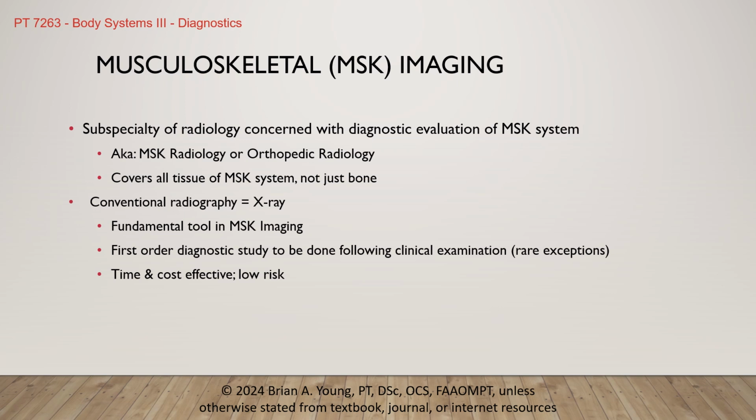These are often done with conventional radiographs as the first tool to be used in this, and that's where most diagnostics begin, through the use of radiographs to get a basic appreciation of bony anatomy. It's usually time and cost effective and overall has low risk. There are a few imaging types that will have much higher radiation exposure, but with a careful assessment and ordering of imaging, we can keep that minimal for the majority of our patients.